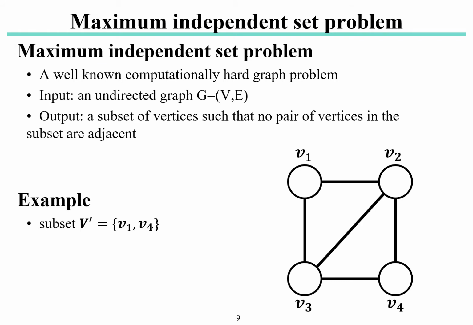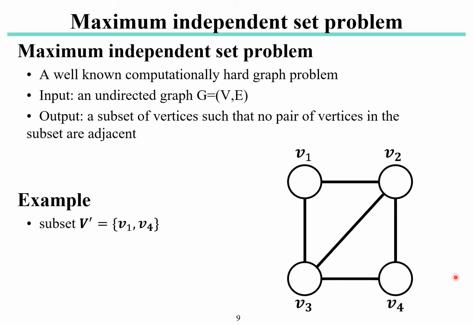I'll now explain an outline of our proposed P system that solves the maximum independent set using branch and bound. First, I'll explain definition of the maximum independent set. The maximum independent set is a well-known computationally hard graph problem. Input is an undirected graph G and output is a subset of vertices such that no pair of vertices in the subset are adjacent.